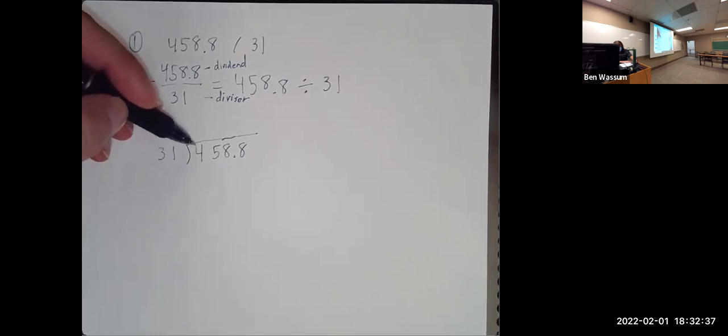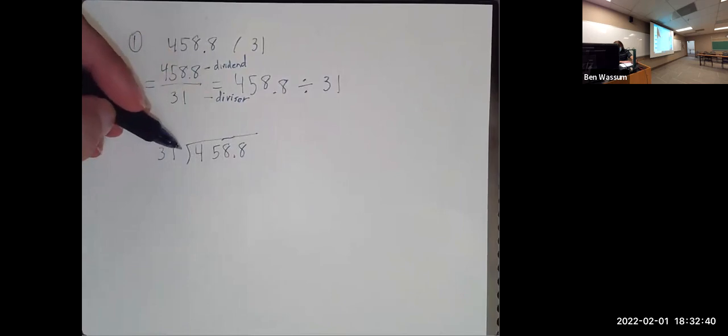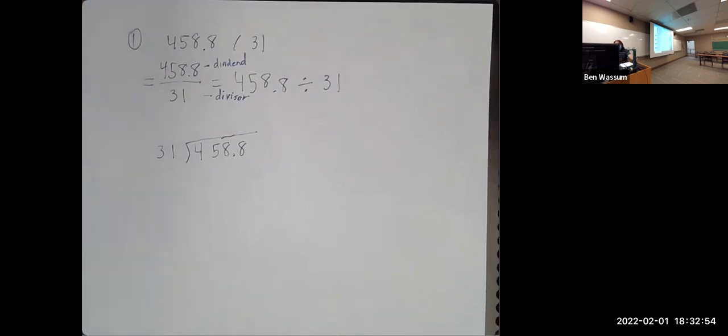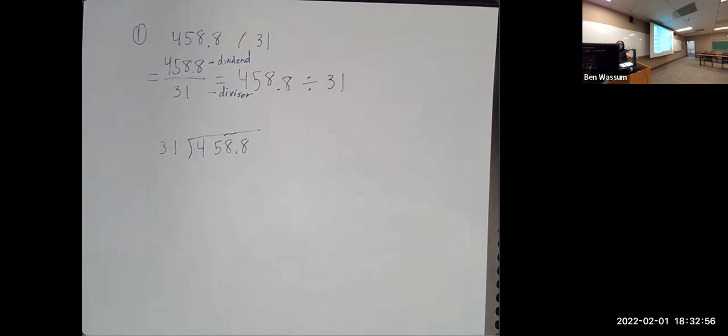That's actually called the long division symbol. It doesn't have a fancy name. They literally just call it a long division symbol. I was a little disappointed, but I got over it really fast because that's a stupid thing to be sad about.